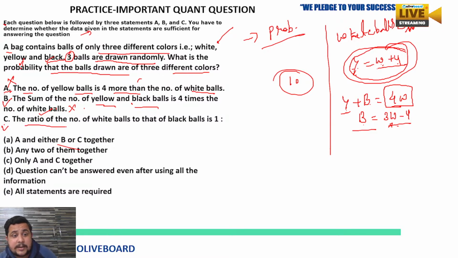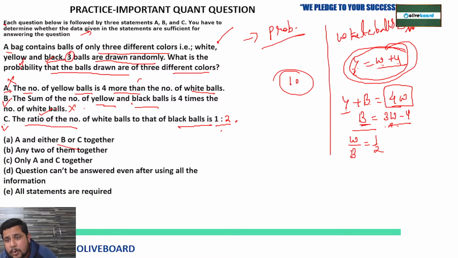Now statement C. The ratio of the number of white balls to black balls is 1 is to 2. I am putting in some data that is missing. So white to black is given as 1 to 2. Now we know black balls in terms of white.